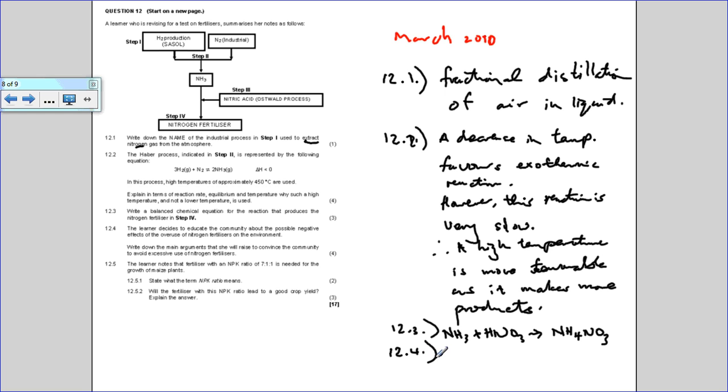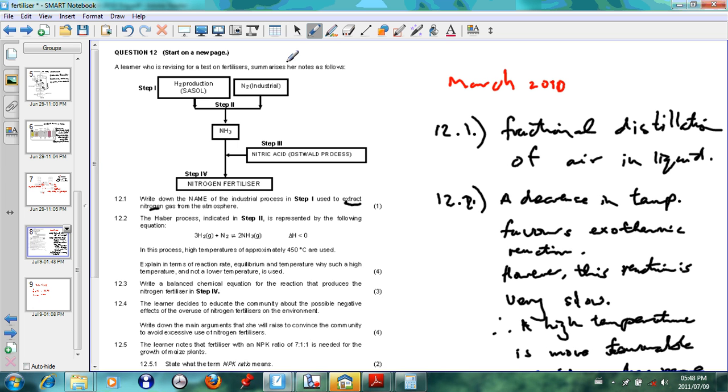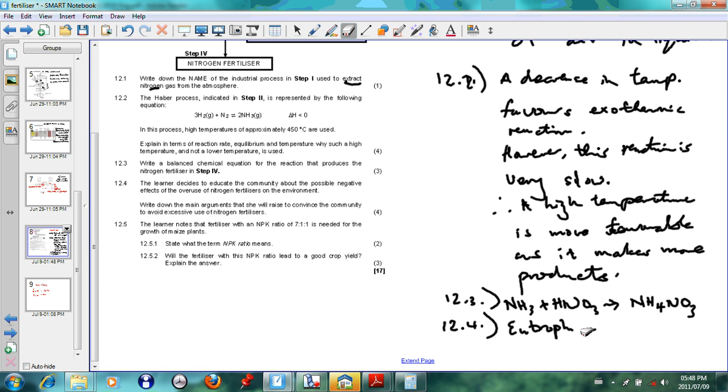12.4. The learner decides to educate the community about the possible negative effects of the overuse of nitrogen fertilizers on the environment. Write down the main arguments that she will raise to convince the community to avoid excessive use of fertilizer. Yes, we've answered something similar before. She can talk about eutrophication. Eutrophication is one option.